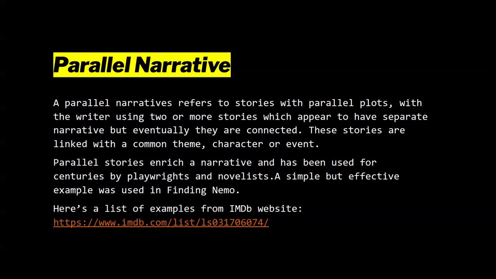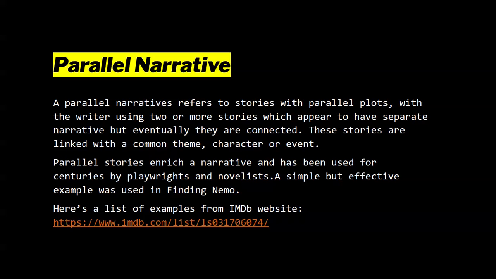So a parallel structure refers to stories with parallel plots, where the writer uses two or more stories which appear to have separate narratives, but they eventually are connected.